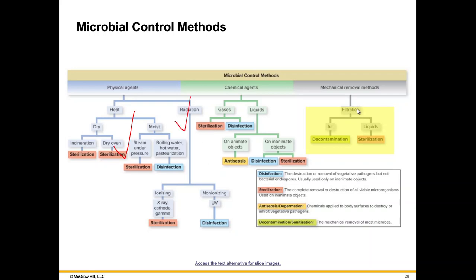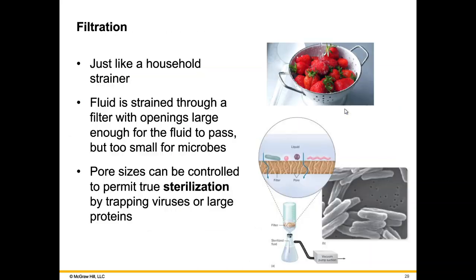We're going to move over here, save chemicals for last, so let's do filtration next. So filtration is kind of like the colander or strainer in the microbial world. Everyone's seen one of these before, right? This is a colander, or some people call them a strainer, whatever you want to call it. And we see some strawberries, and if we want to wash the strawberries, we're going to apply water.